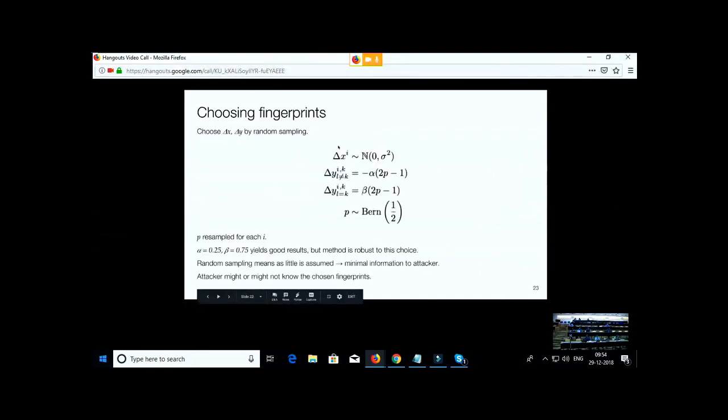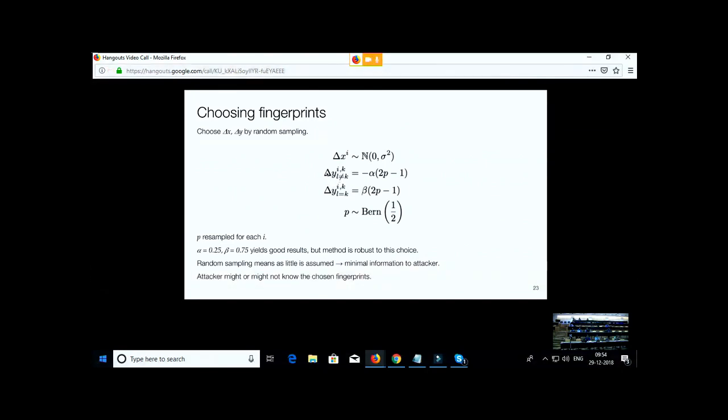One detail I didn't talk about so far is how you actually come up with delta X and delta Y. What we did is you just randomly sample. Before you start training, you sample your delta Xi, again, in a Gaussian ball, and then you choose your delta Y ik.